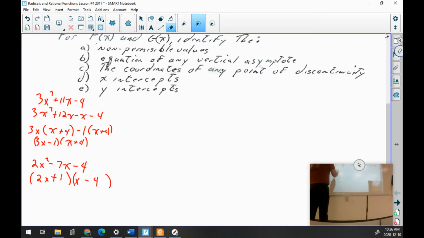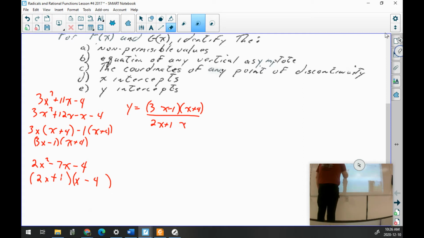So our rational function ends up being 3x minus 1 over x plus 4 over 2x plus 1 and x minus 4. So now we can go ahead, our non-permissible values, x cannot equal negative 1/2 and x cannot equal 4, our denominators.